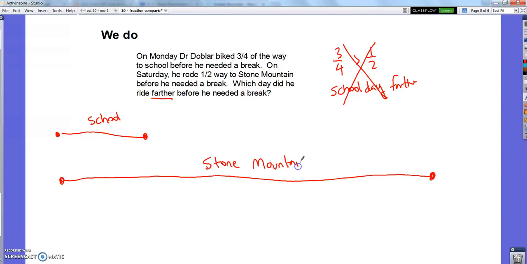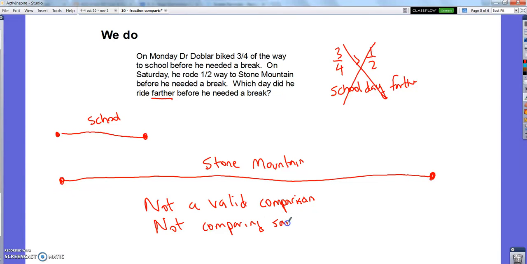So it doesn't make sense. So we would just say, not a valid comparison, or not comparing the same whole. Just can't do it. I can't just look at the fractions and know it.